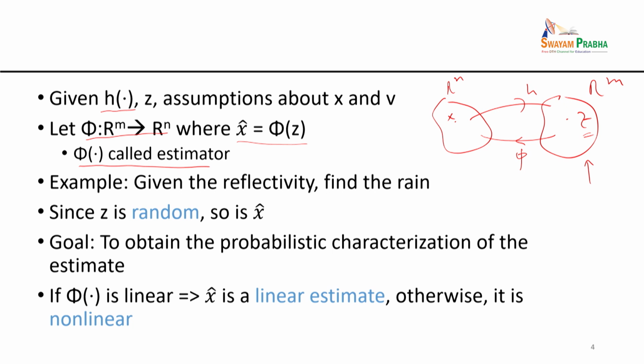For example, what is the idea here? If I am looking at a cloud system, a radar sends signals into the cloud. The water droplets in the cloud reflect the radar energy, and the radar receives the reflected energy. The reflected energy is an indication of the amount of water contained in the cloud system.